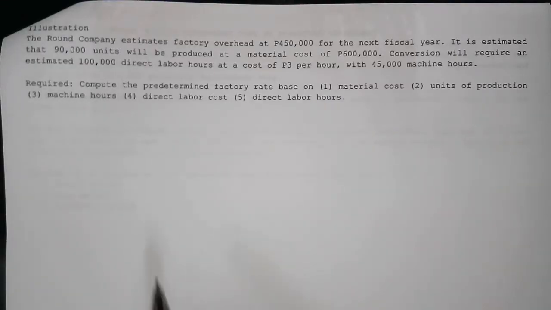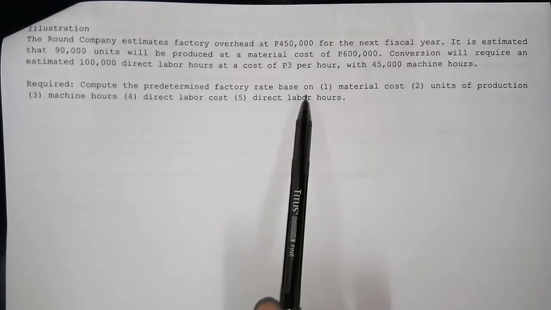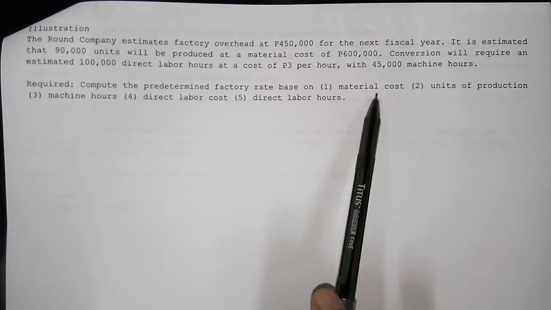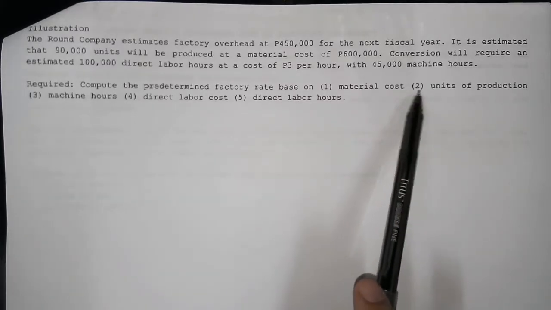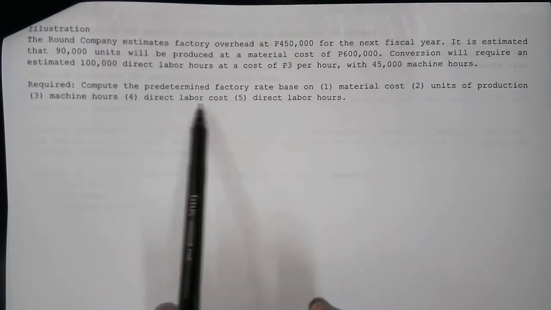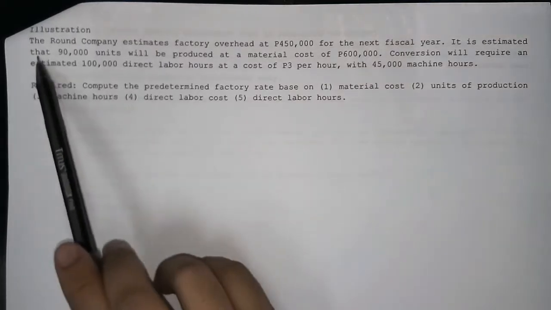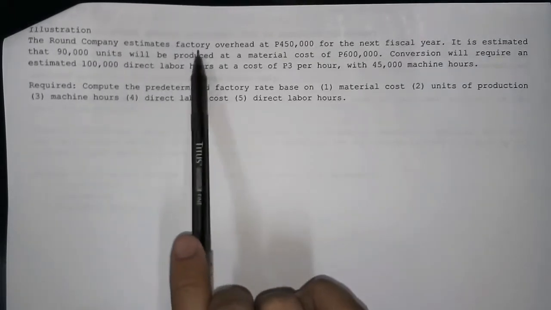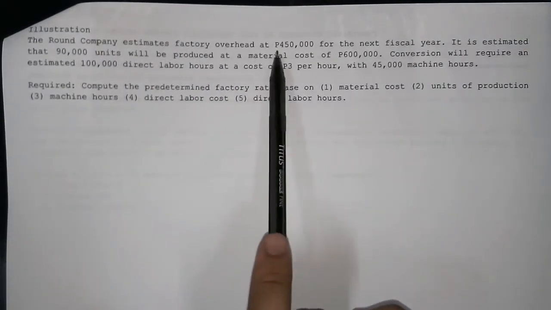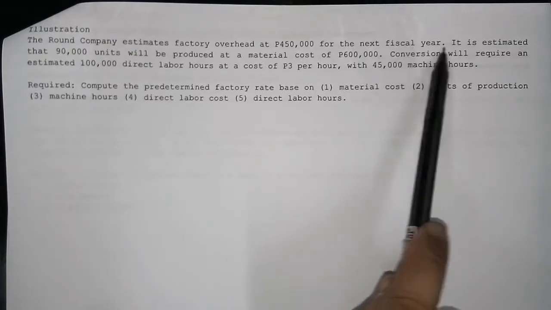Okay, illustration tayo. Required: compute the predetermined factory overhead rate based on number 1, material cost. Number 2, units of production. Number 3, machine hours. Number 4, direct labor cost. Number 5, direct labor hours. The Round Company estimates factory overhead at 450,000 pesos for the next fiscal year.